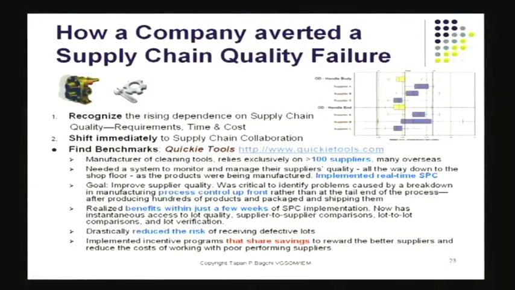And the result was just amazing. Yes, it was painful. But what it did was it reduced the risk of receiving bad products. And that would lead to a higher level of customer satisfaction, more business, and they could actually share some of the extra money that they made with their suppliers. And this is how they ended up incentivizing. In fact, they provided incentives for their suppliers to produce superior quality products and parts.